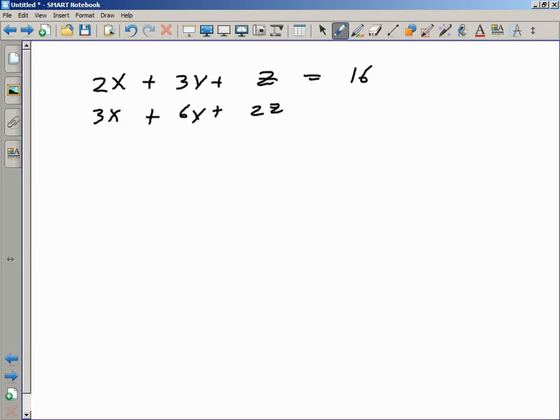All right? How would we go about solving this problem? Do like this. It won't solve. Why won't it solve? Need 3 equations. All right.